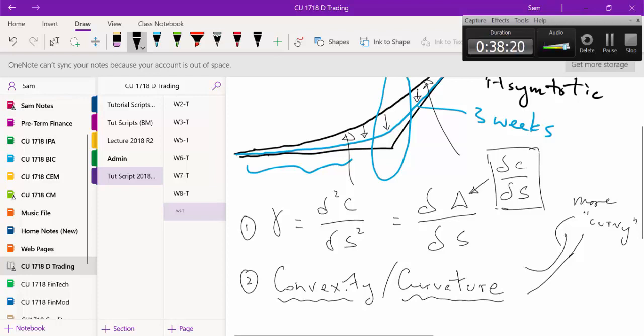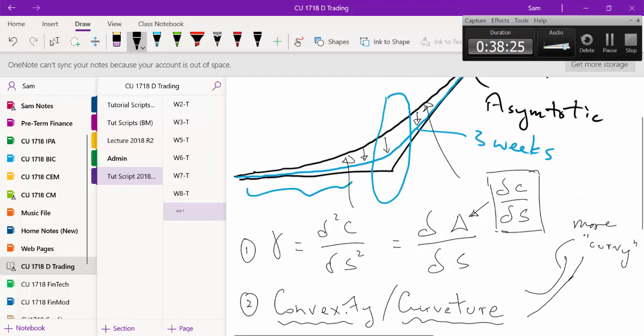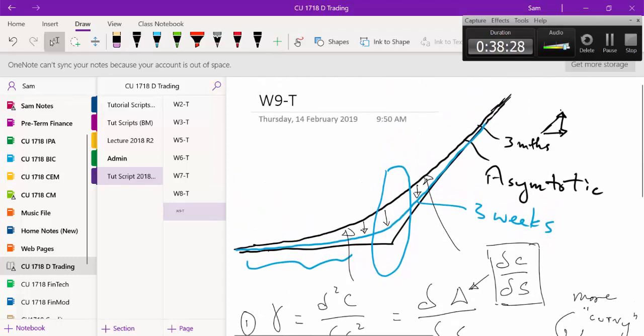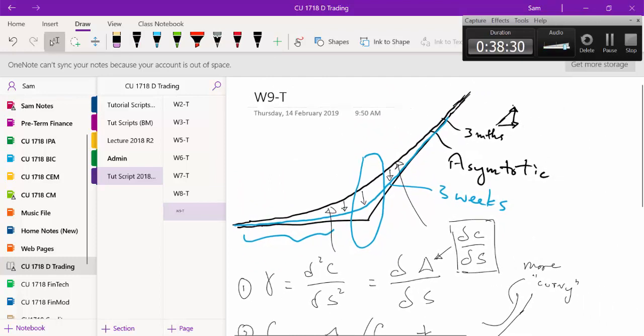Now here is when things can get interesting. So you look at the black line, which is the way the price will change for an option which has 3 months to run, and then the blue line, which is the price an option can change when it only has 3 weeks to run.